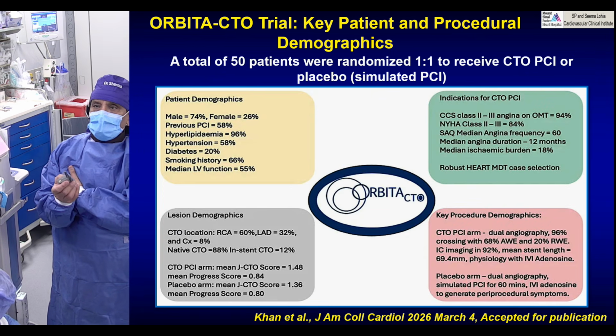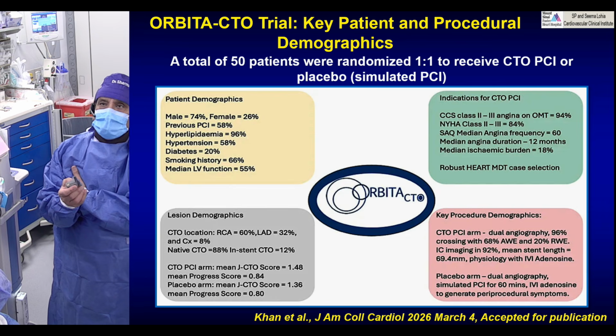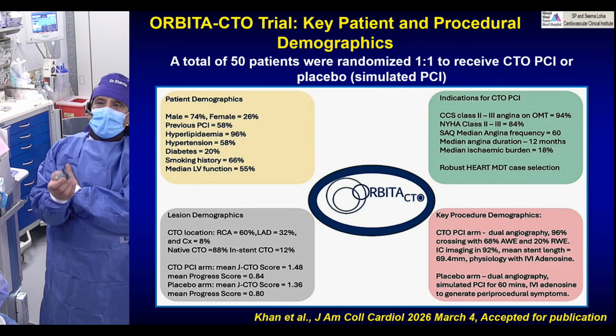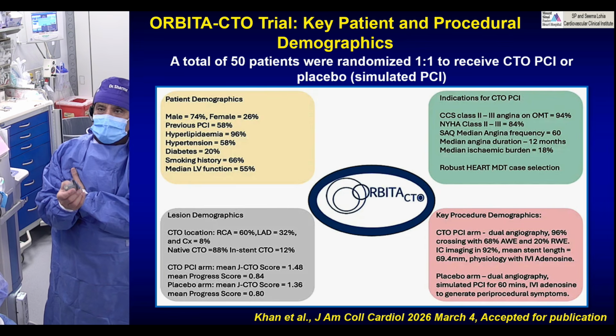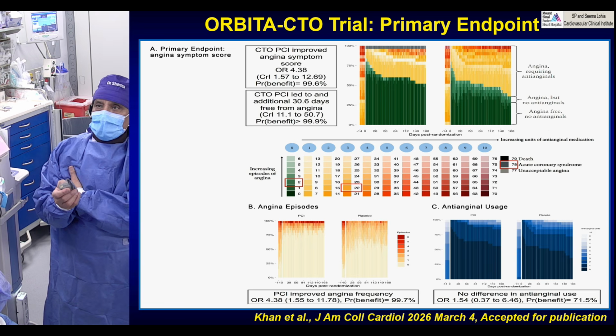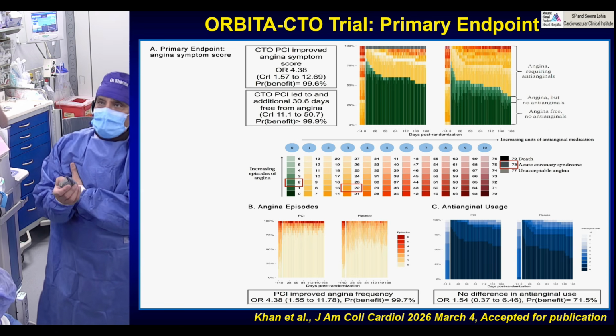This was the 50 patient trial I mentioned, the Orbita CTO. Patient demographics, indication for CTO, more simple lesions. The idea here was to have a higher success rate, so that we can see the results. The results are basically what we expect.